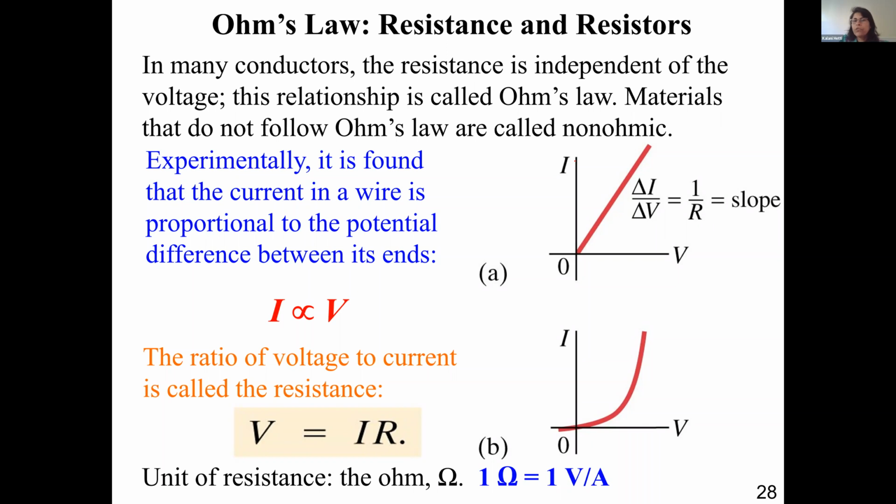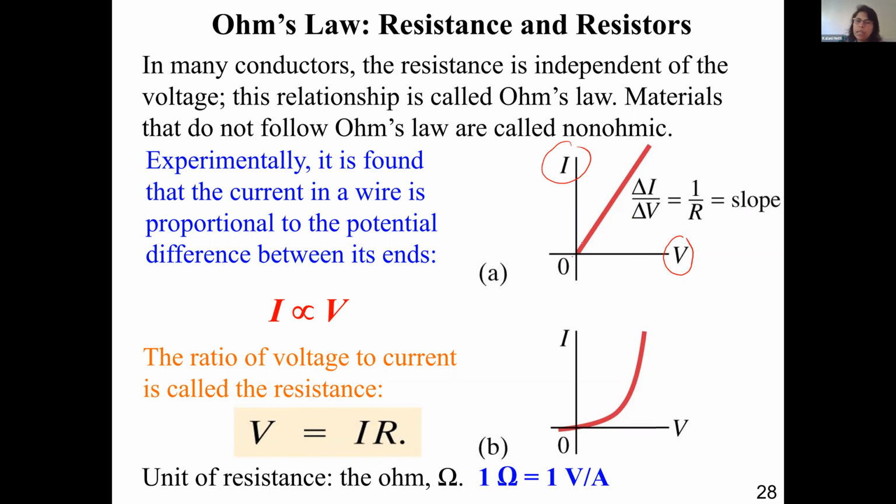So if you get the circuit, you have a light bulb, you have the power supply, you keep changing the voltage, and then you're going to produce the current, and you measure the current by using a multimeter in the laboratory, right?